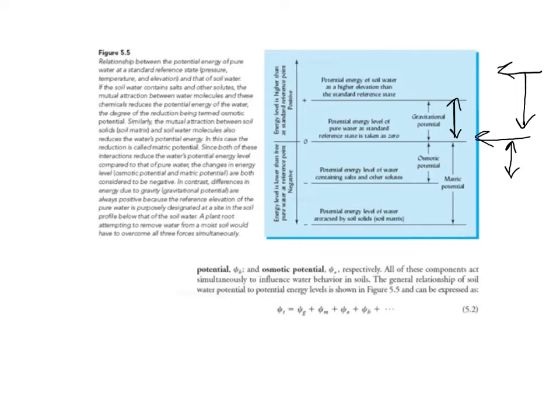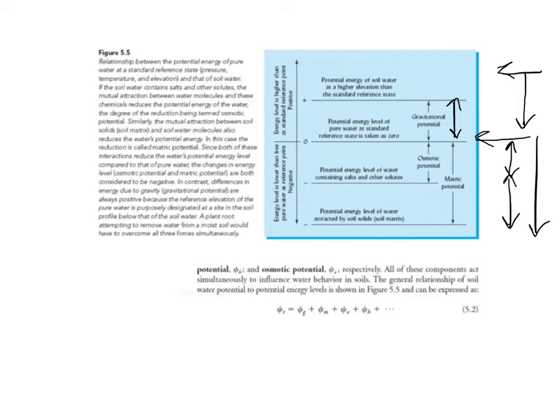So there are negative energies. Another one is the matrix potential, which has to do with capillarity and adhesion and cohesion of the soil matrix, which is just the soil itself. So it can exhibit tension or suction. It's almost like it has the ability to draw water, so anywhere you go below this reference state, you have the ability to pull water in a particular direction.